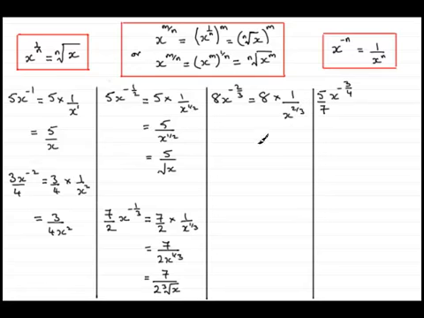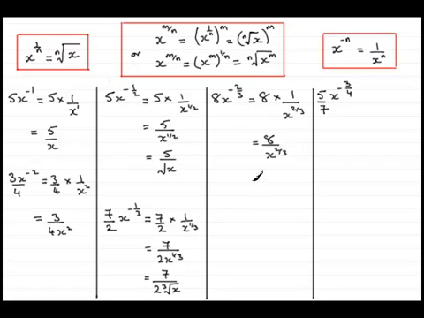We can multiply this together, 8 times 1, 8, all over x to the power 2/3. But we now use either this top rule here or this bottom rule here when you've got a fraction, m over n. We've got our m over n, m being 2, n being 3.